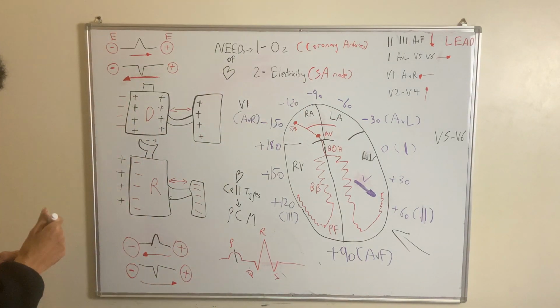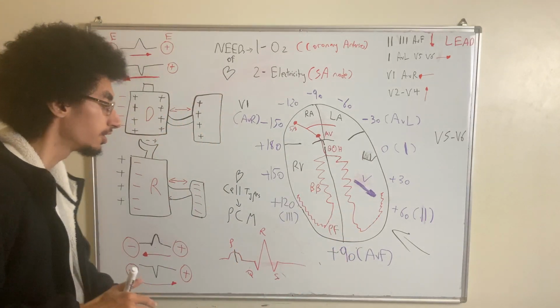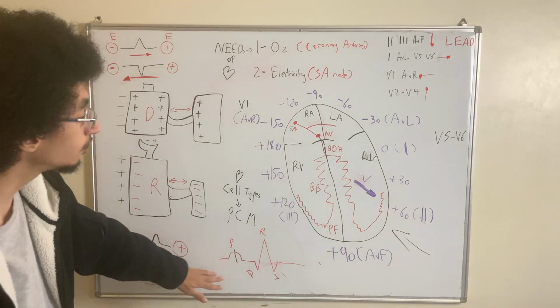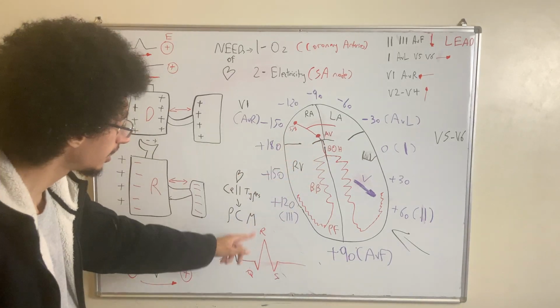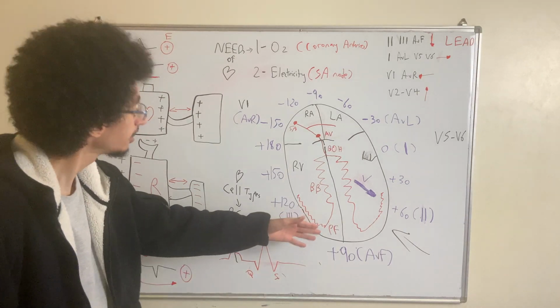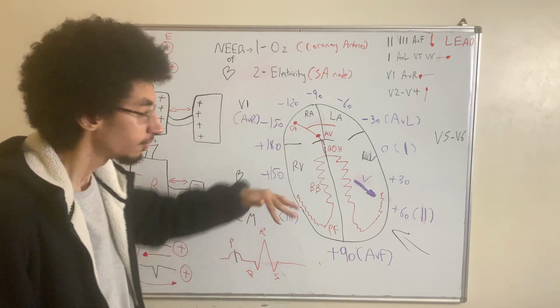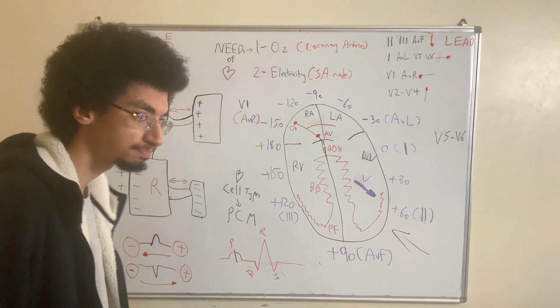So this is what's important to know, that the QRS represents left ventricular depolarization. You have Q, specifically Q, representing septal depolarization, R, ventricular depolarization, S, representing the remaining part of the ventricle being depolarized towards the right and left without a specific direction, okay?